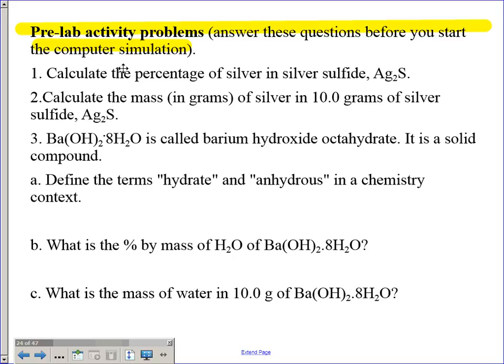We have to find the water molecules, right? Read the information on the right: copper sulfate, and then you get one water molecule.